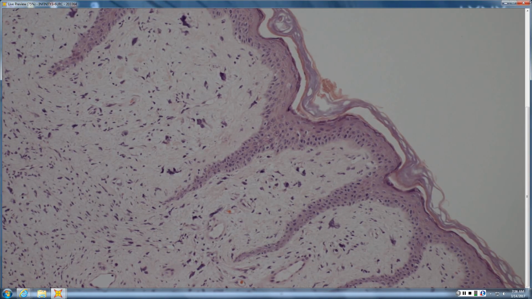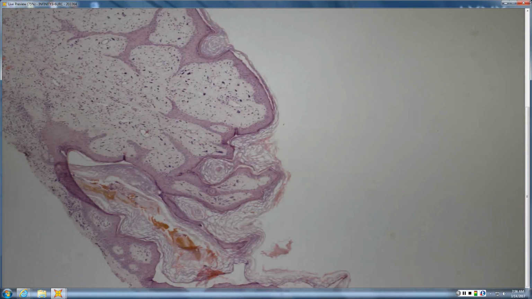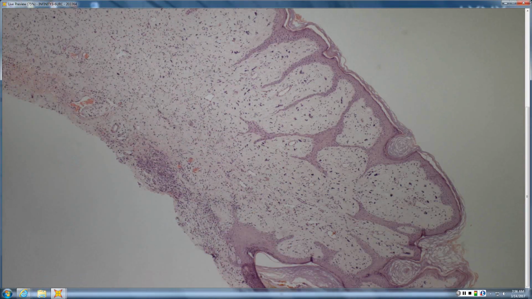This obviously looks nothing like that, right? This is bland looking, at scan almost looks like a skin tag, but it is just peppered with these huge atypical cells that look like radiation fibroblasts, but there are no mitoses whatsoever. That's good for a pleomorphic fibroma.